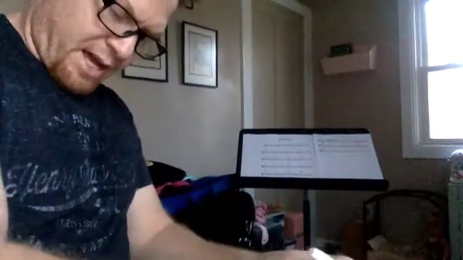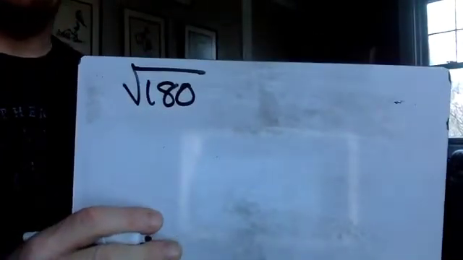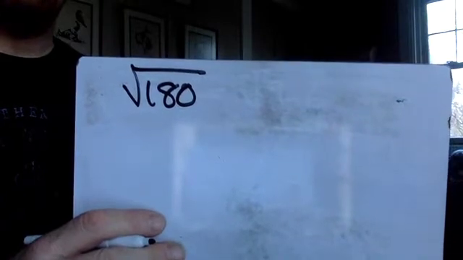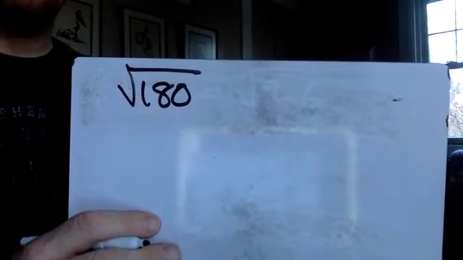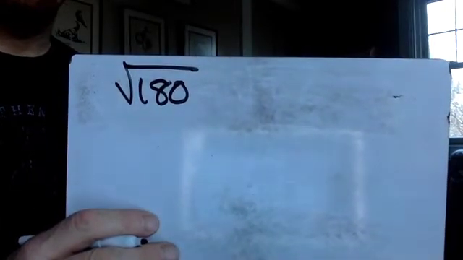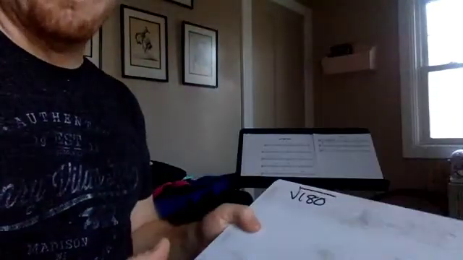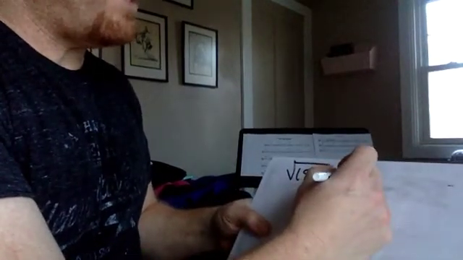Okay, let's try the square root of 180. So pause the video, write this down, and try the problem yourself, and then come back on and check it when you're finished. All right, so going back to what we know about this, let's see, 180, well, I can break this up.